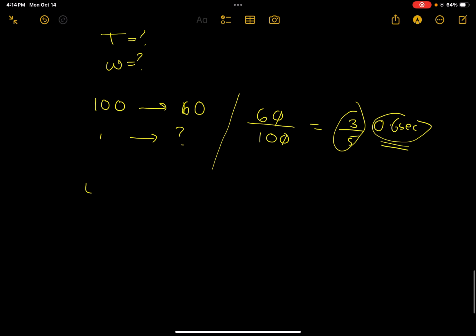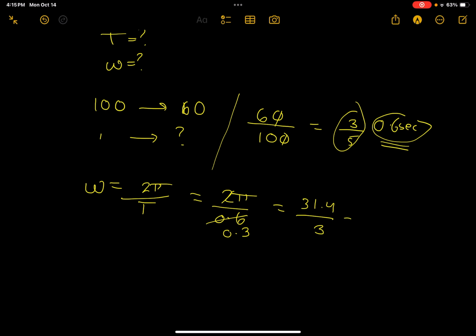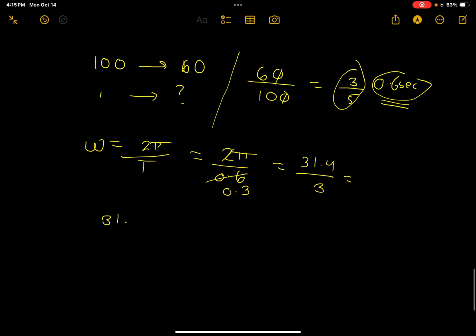And omega is equal to 2 pi upon T, right, which is equal to 2 pi upon 0.6. This is equal to 31.4 upon 3.